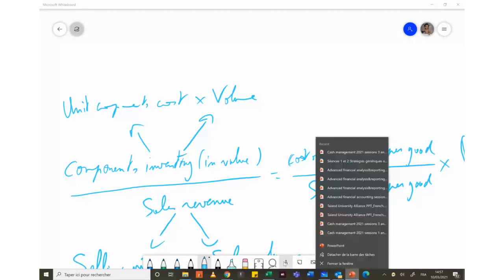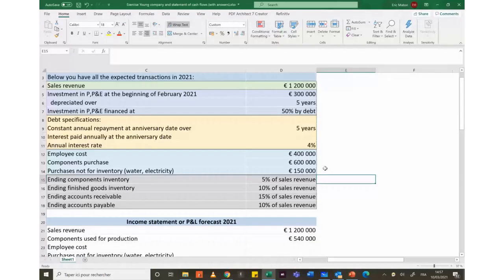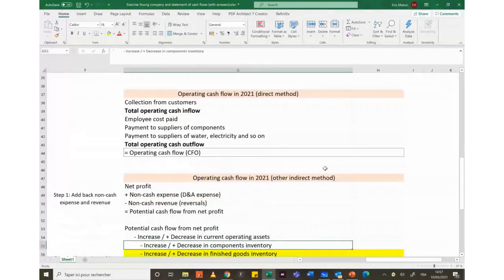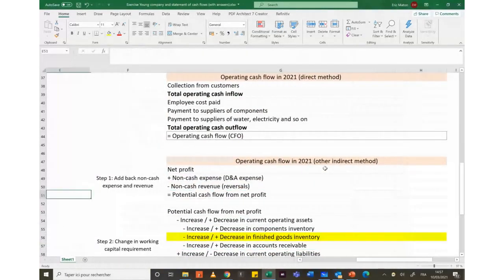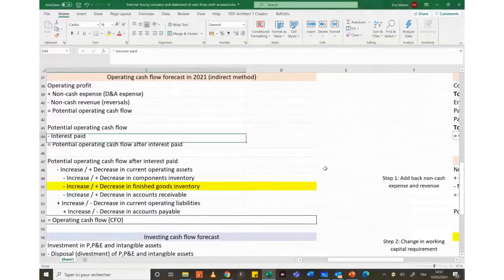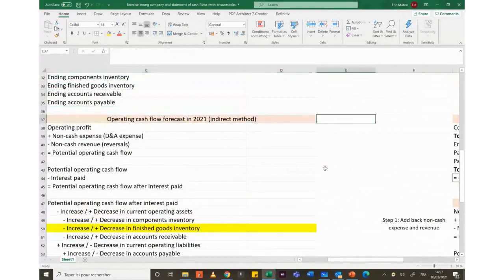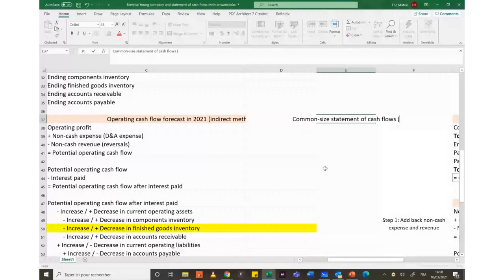So why do we want it in percentage? Because after we can use everything in percentage. Generally, we say, what is the common size statement of cash flows? In the common size statement of cash flows, we express everything in percentage of the sales revenue.